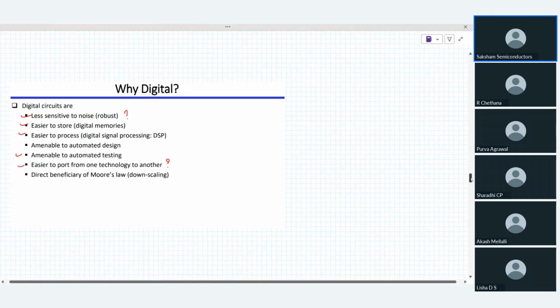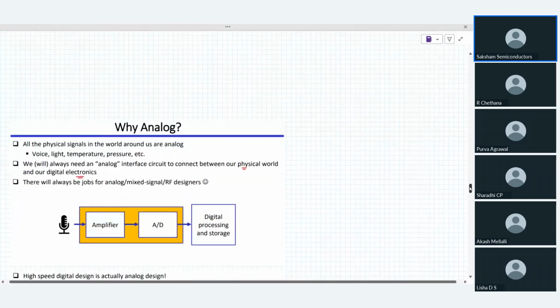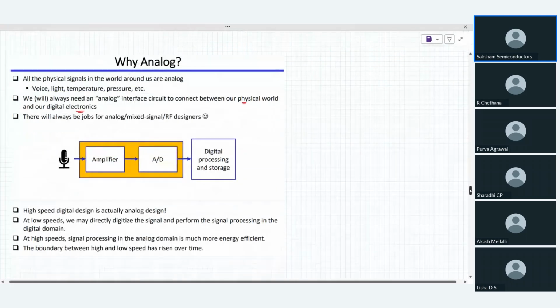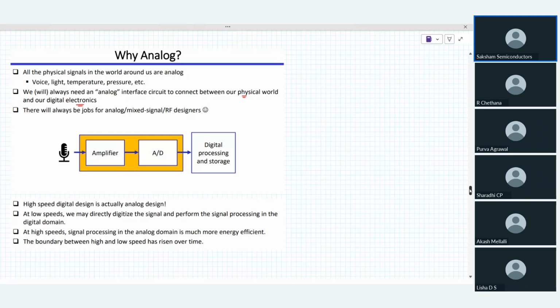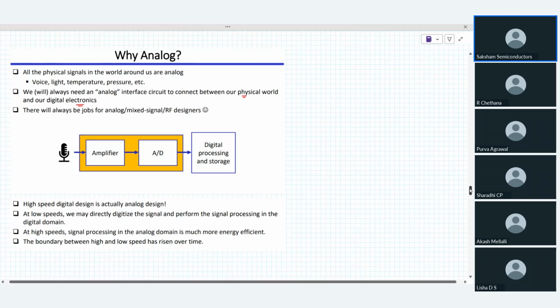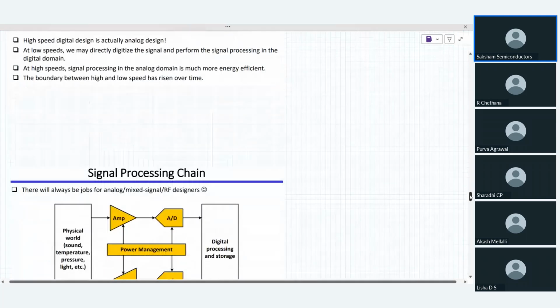Okay, so this is the reason why digital components came into the picture, and those digital components were acting as interfacing elements between our real world and the digital storage elements. Even when we work at a core level, or at the level of digital design, we will effectively be working in the analog domain only, because our real world signals are still analog.